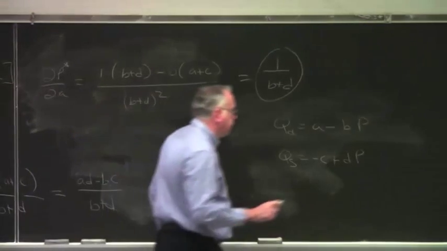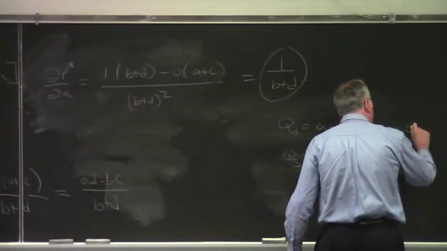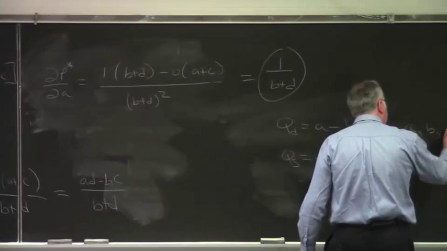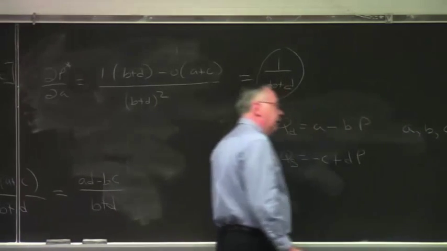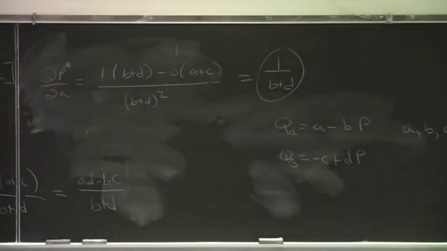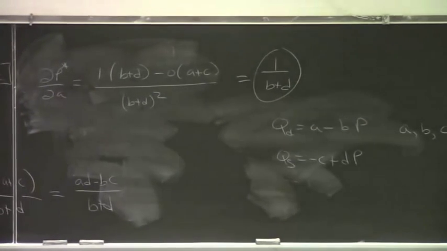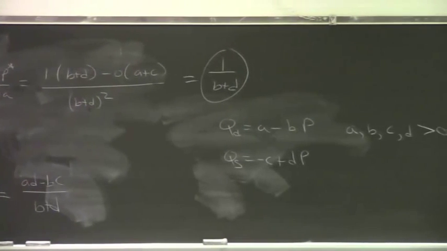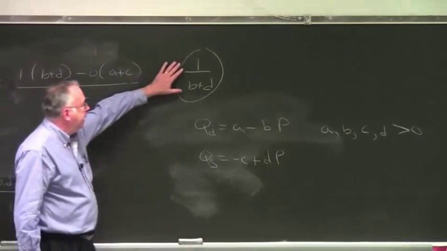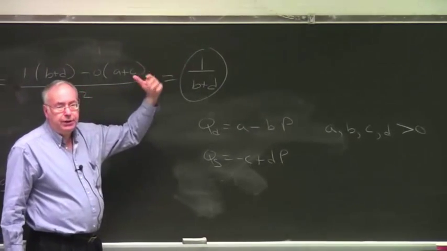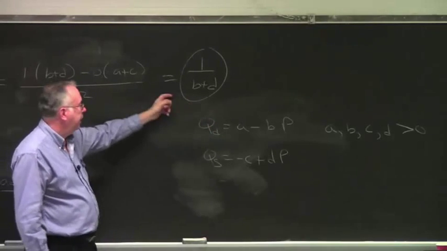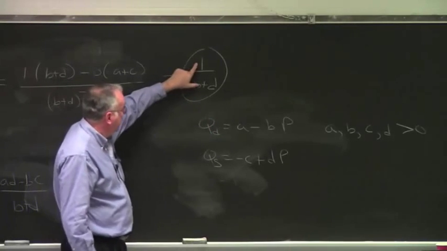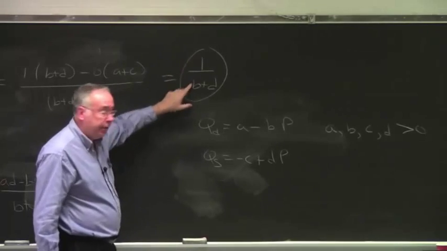The assumption we're making is that a, b, c, and d are all positive. So, under those assumptions, what is the sign of this derivative, partial p star, partial a? Positive. b and d are both positive, so you've got a positive numerator, a positive denominator. This is positive.